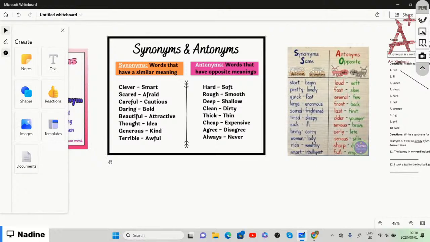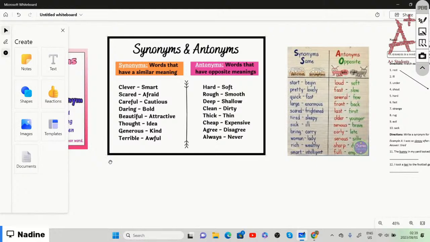And then we have another page with a few synonyms and a few antonyms. So a few synonyms, right, is start, and then the same as start is to begin. Pretty, same as pretty is lovely.